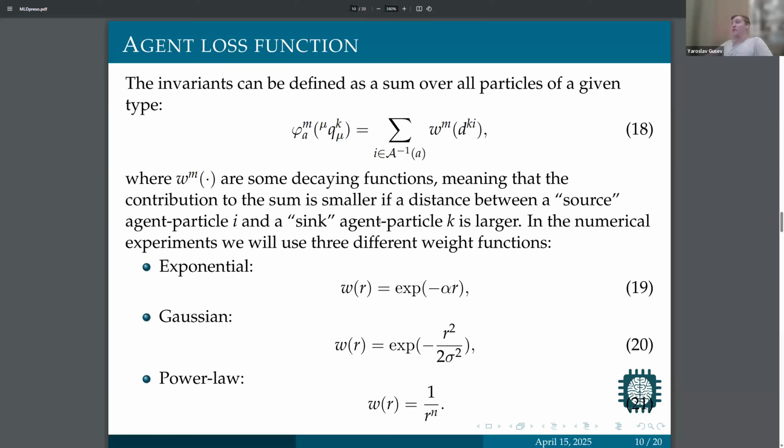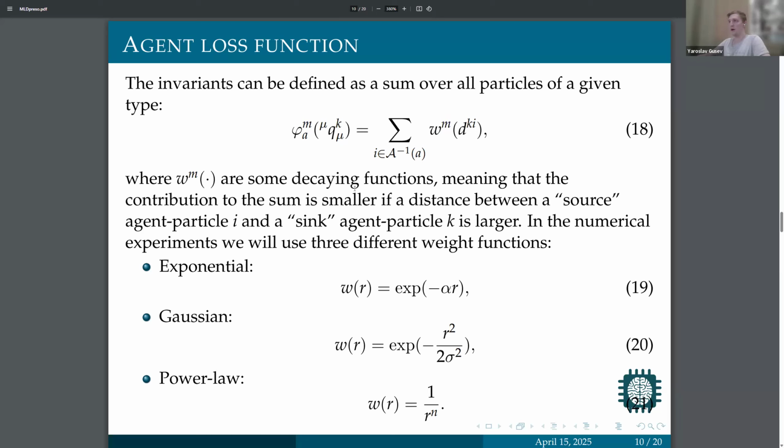Okay, and here we will consider a more specific example: how the invariants can look, how we can construct them, how we can try to model some real system with this approach. So our invariants might be constructed as just the sum over all particles, meaning that we sum the interactions as a sum of these window functions or weight functions, Wm.